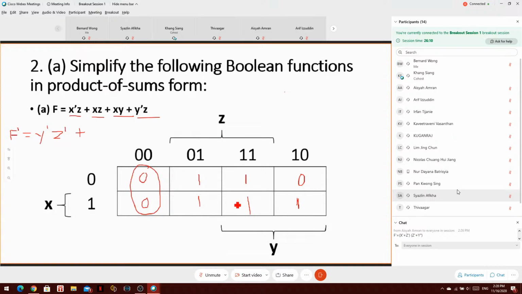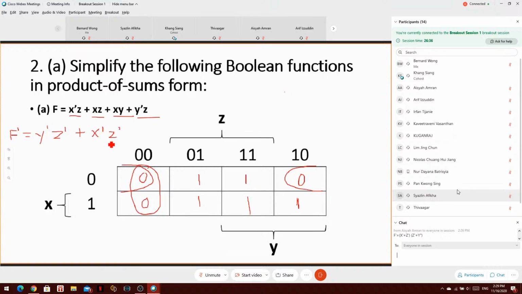Then another one, you can still group the 0 because you can group like this. This true 0 can be grouped together, because that's kind of linked together. So this one is not x, and then y throw away because it's cross y and not y, and then not z.